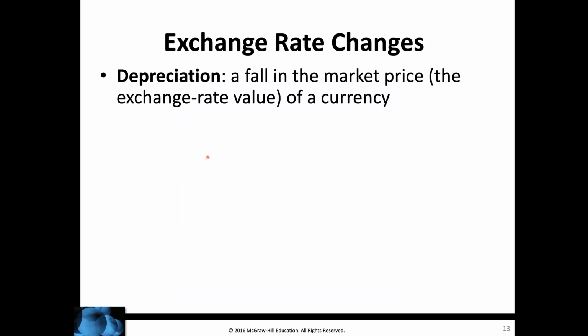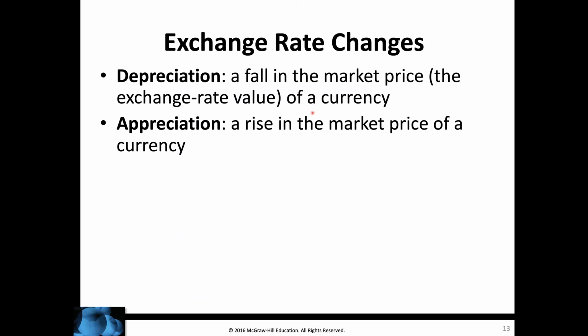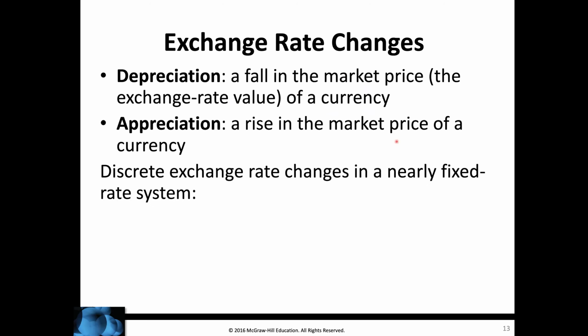So we deal with different things that will affect exchange rates, that will change them. First is depreciation. This is a fall in the market price, the exchange rate value of a currency. There can be appreciation, a rise in the market price of a currency. Discrete exchange rate changes in a nearly fixed rate system. So we'll talk a little bit about this.